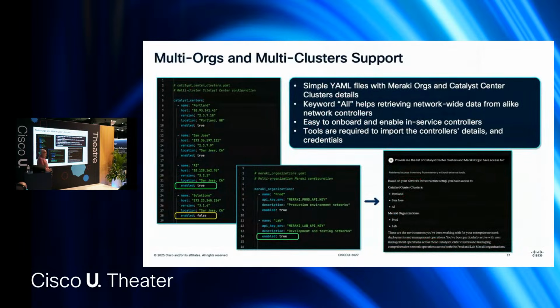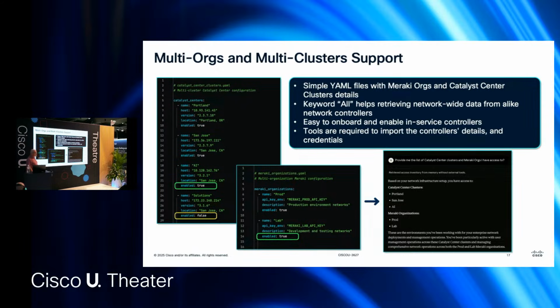Let's talk a little bit more. What happens if I have multiple Meraki organizations, multiple controllers, could be Catalyst Center or other controllers? From a security point of view, we need to make it very easy to add new controllers and put them in service. You can see here in my lab, I have like 4 Catalyst Center clusters.